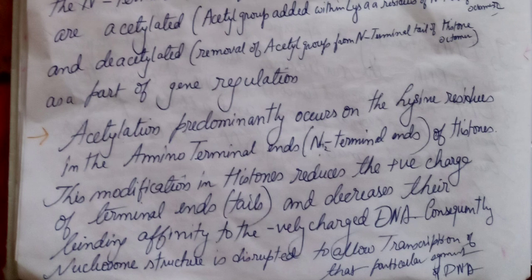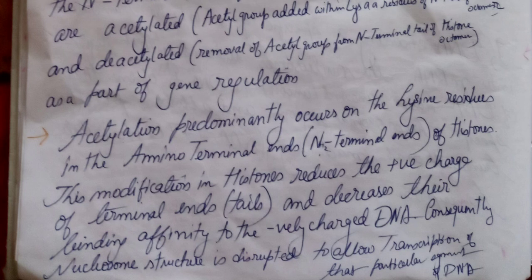Acetylation normally occurs on lysine residues, meaning the acetyl group is normally added to the lysine residues of the N-terminal tail of histone. Now when acetylation occurs on these lysine residues of the histone tail, what happens?